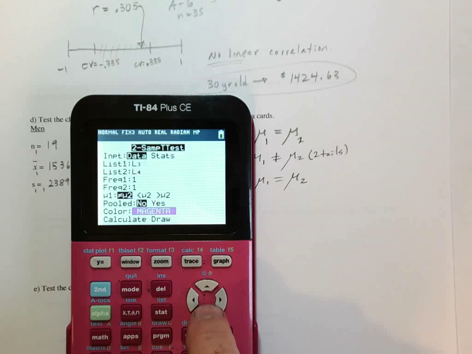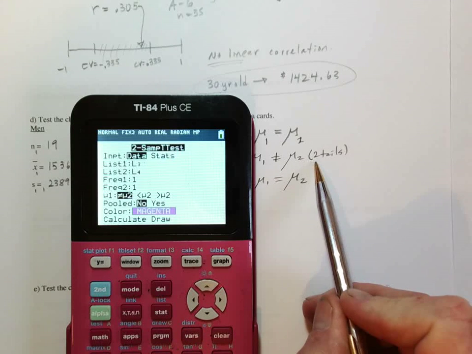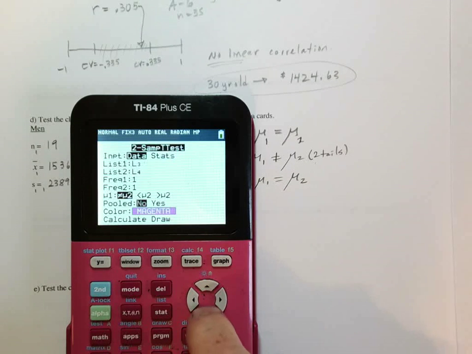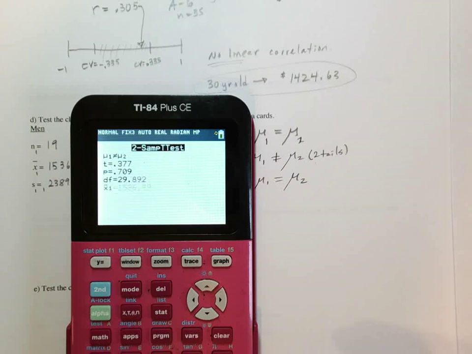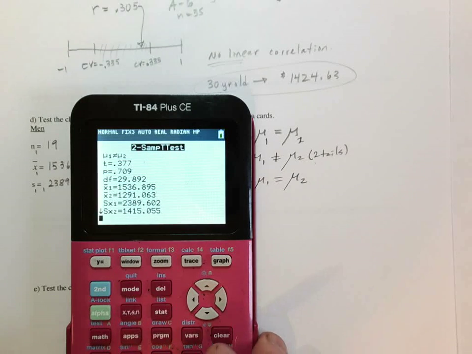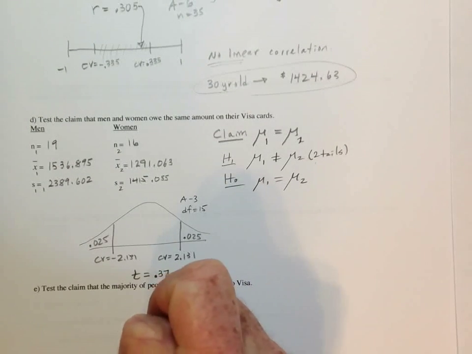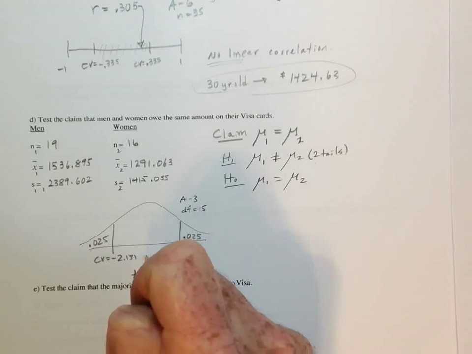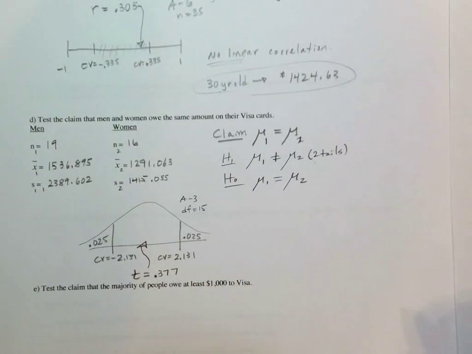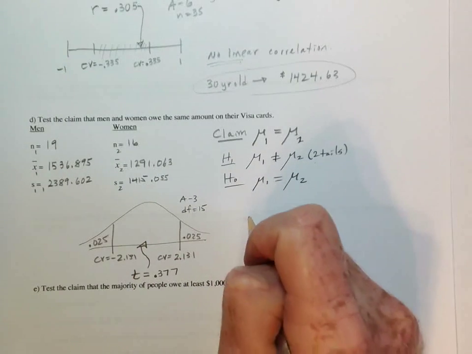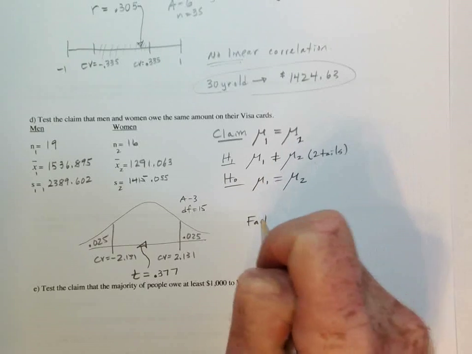This should be not equals because that is what this is for. Pooled is always no, and then calculate. So the test statistic turns out to be 0.377. That would land somewhere in the middle, which means once again, fail to reject, we did not prove anything.